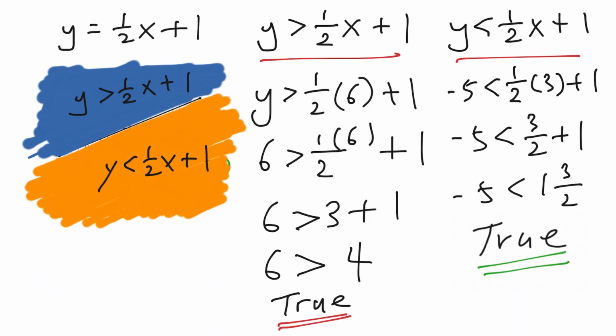Now, if the inequality is strictly greater than or less than, the line that we have in between should be dotted, because that means that any value that's on the line doesn't apply to the inequality. So the line would be a dotted line like this.